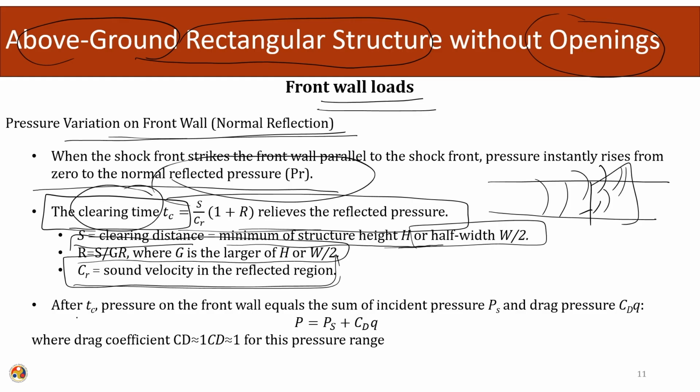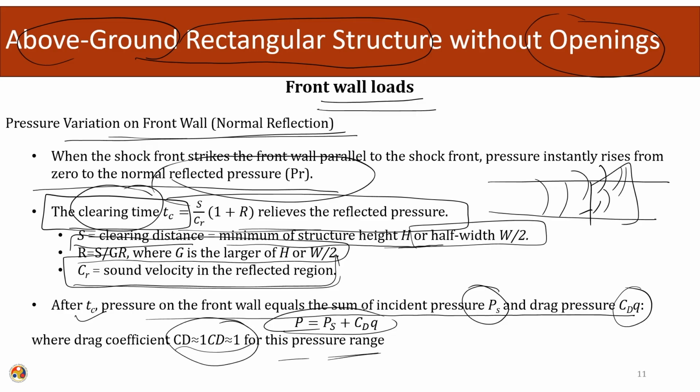After this clearing time, the pressure on the front wall equals the sum of the incident pressure and the drag pressure. Once the clearing time is done, once the reflected pressure has applied, after that the incident pressure and the drag pressure come into the picture. CD, the drag coefficient, is considered as 1 for this pressure range.